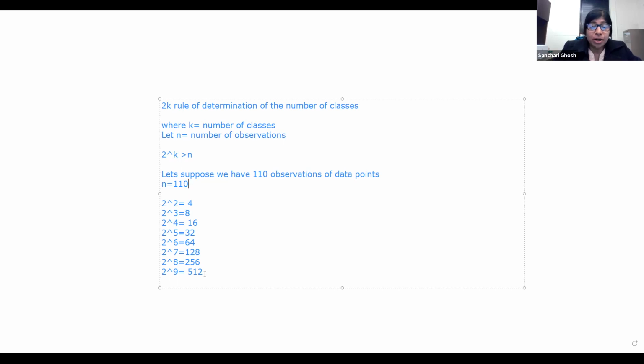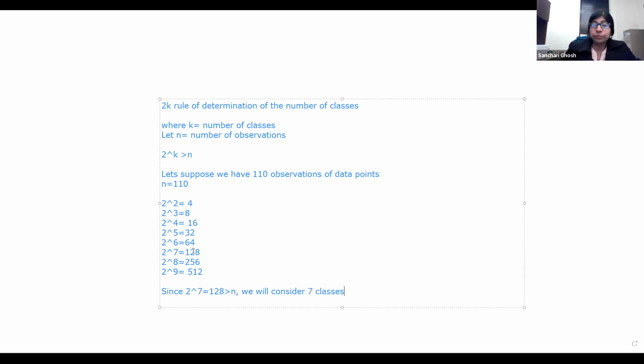So 2 to the power 6 is 64, less than 110, but 2 to the power 7 is 128. Since 2 to the power 7 equals 128, greater than N, that's 110, we will consider 7 classes.